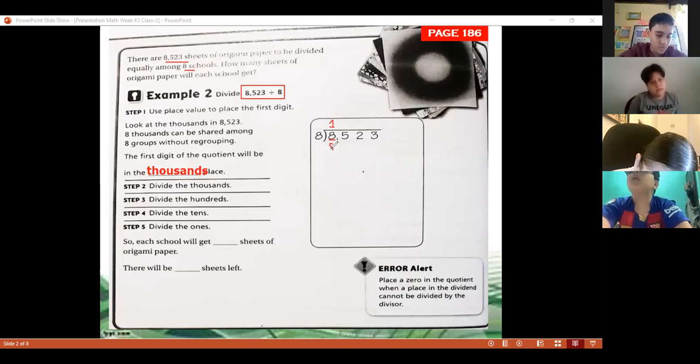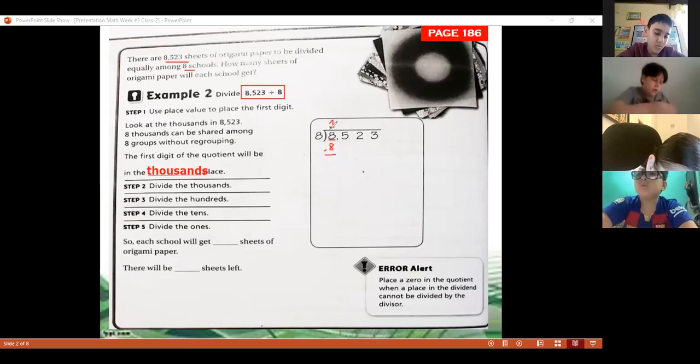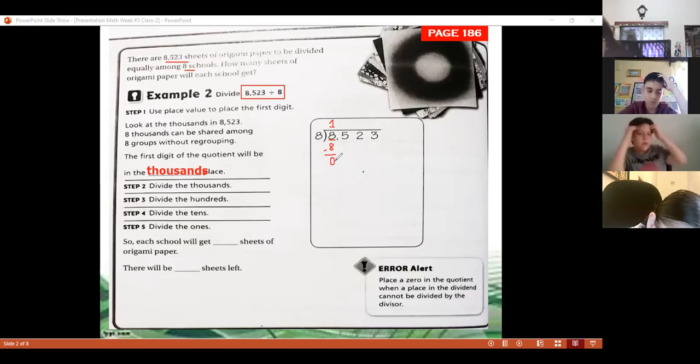And as Marcelo says, we subtract 8 minus 8, we're going to get 0. So remember, it's 1 in the quotient because 8 times 1 is equal to 8. And now we subtract the 8 that is in the 8,000 minus the 8 that is the answer of our multiplication, and the difference here is 0.